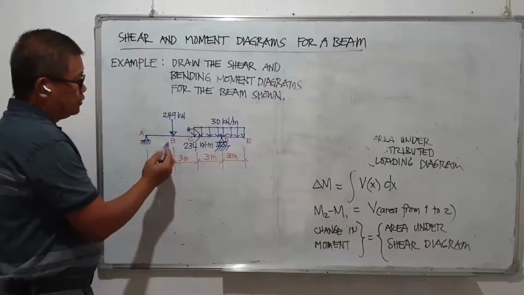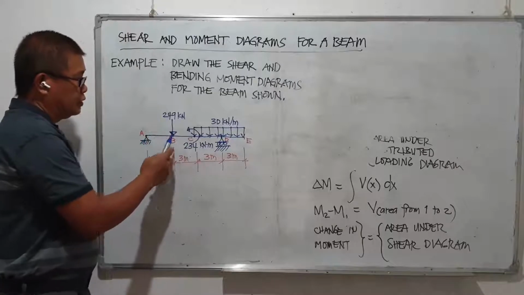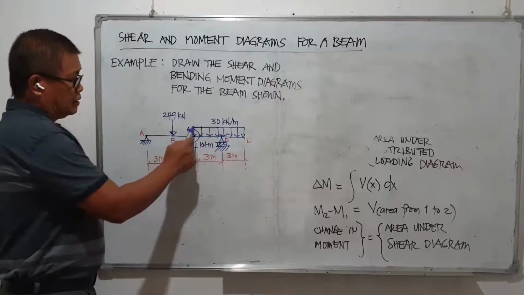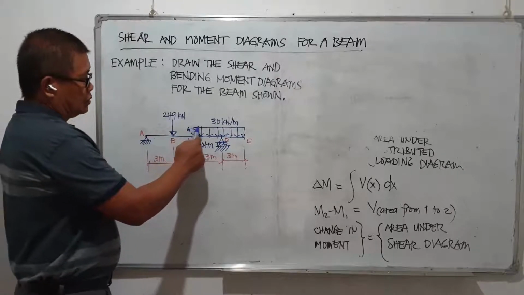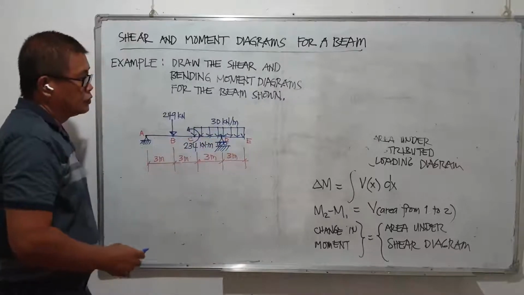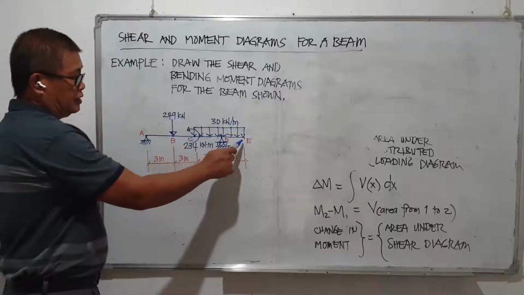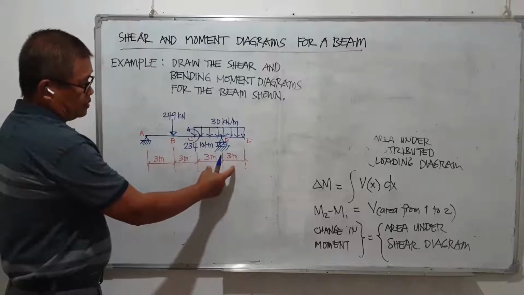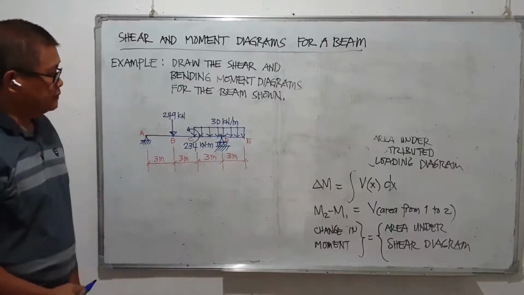We have a concentrated load of 249 kilonewtons at point B, a uniform load of 30 kilonewtons per meter from point C to point E, which is 6 meters in span.